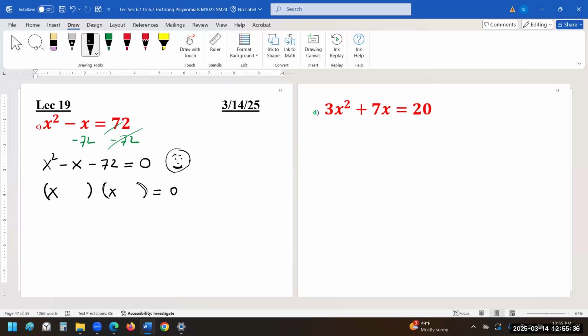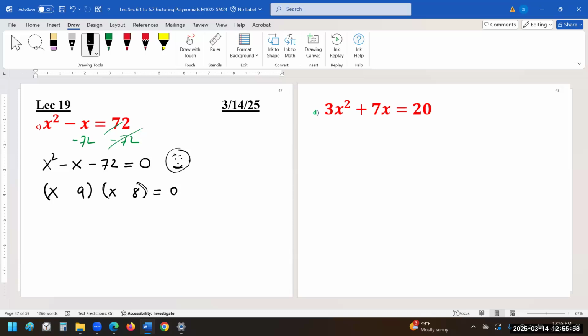Can you think of the two numbers? 72 times 1 is 72, but when you add them or subtract them, you don't get 1. 8 and 9. So 9 times 8 is 72. 9 minus 8 is 1.